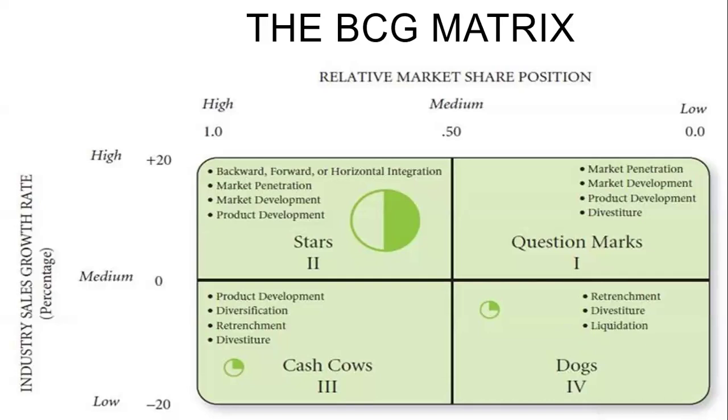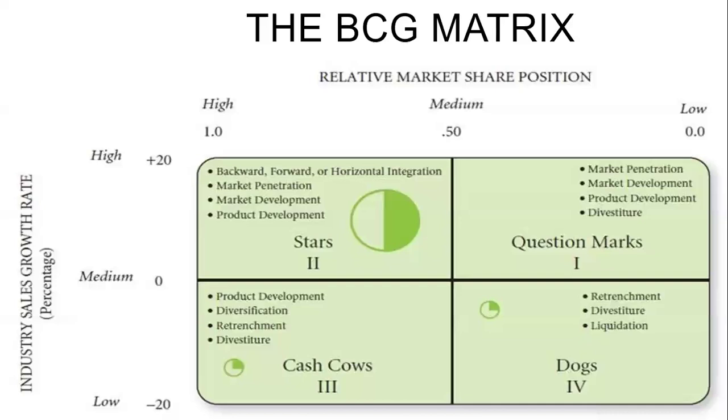So for the purpose of exams, all you need to know is that the BCG matrix has 2 main dimensions. The first dimension is the relative market share position, which is at the apex here. And the other dimension is the industry share growth rate, which is on our left here.